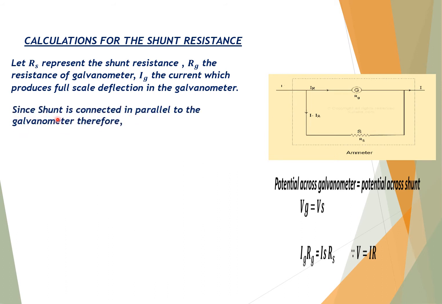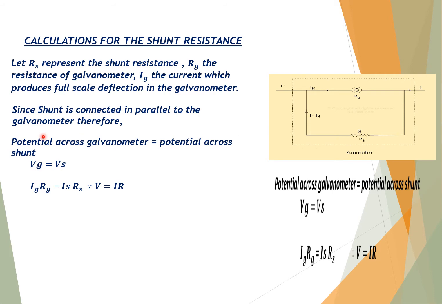Since the shunt is connected in parallel to the galvanometer, the potential across the galvanometer is equal to the potential across the shunt. Vg is equal to Vs. From Ohm's law, we know that V is equal to IR. So we can write Vg is equal to IgRg and Vs is equal to IsRs.